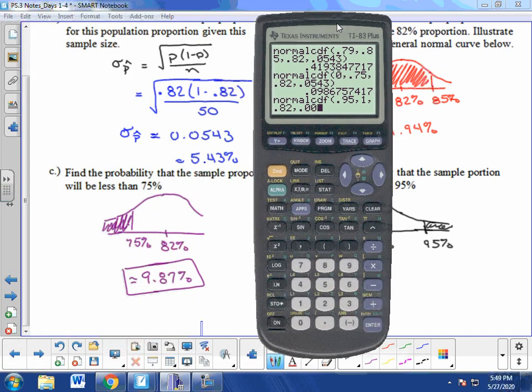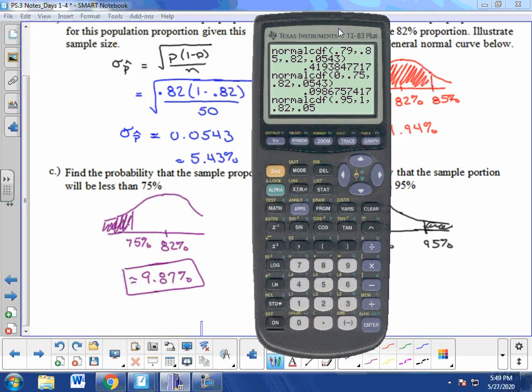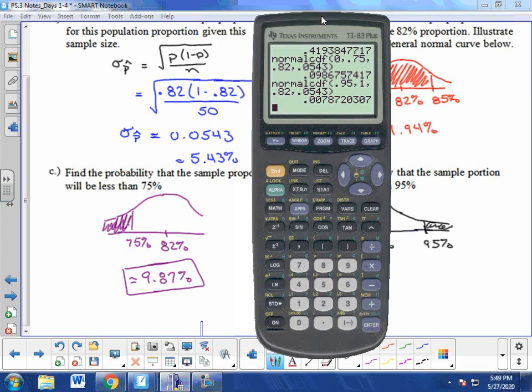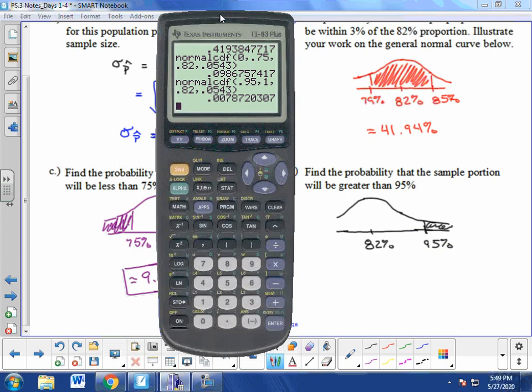We want to make sure that we get in the appropriate mean, 0.82, and standard deviation for our sample, 0.0543, and then calculate the percentage. We come up with the result that if we sample 50 seniors from our senior class, we have an approximate chance of 0.79% of having a result that says 95% of our seniors have cell phones.